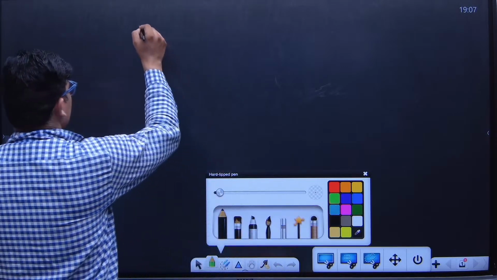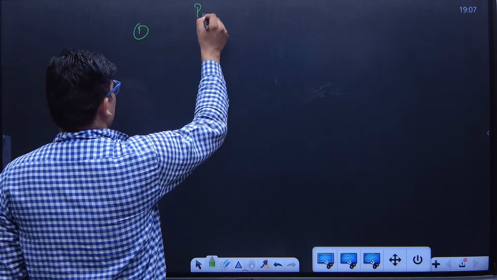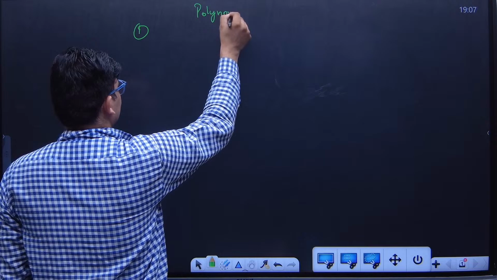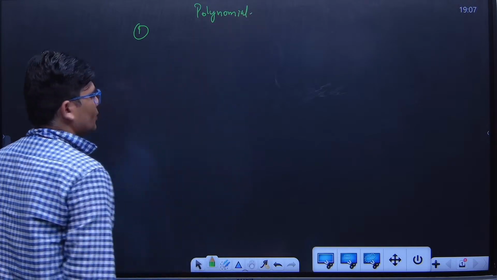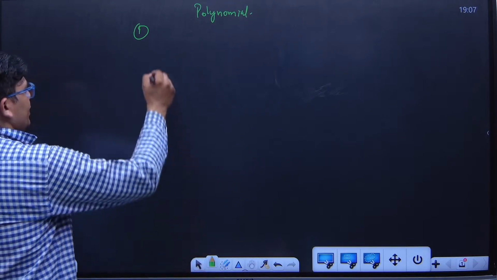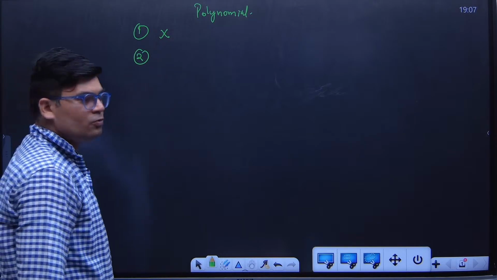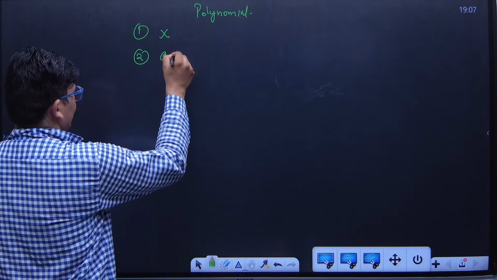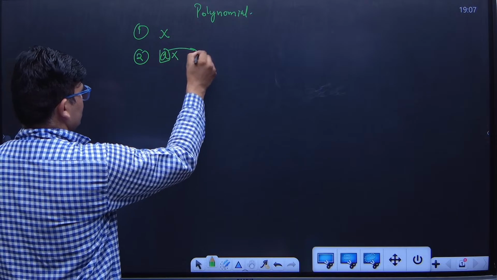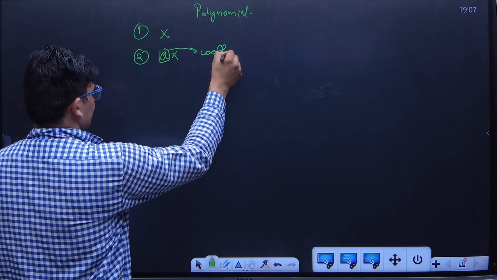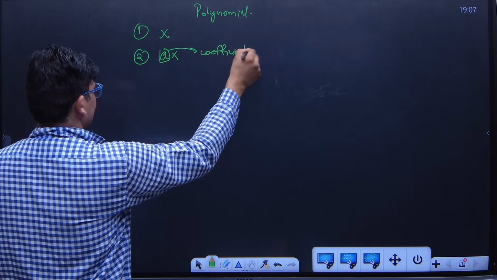So the first and foremost thing in the polynomial is the variable. The second thing is known as the coefficient. If I write ax, this a is known as the coefficient. I think you remember this. Yes.